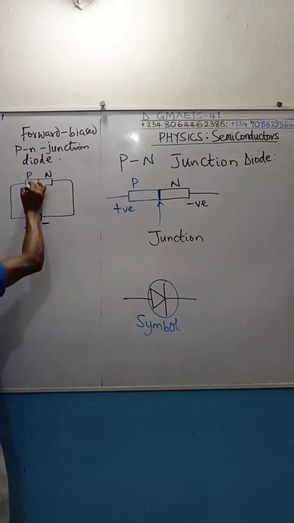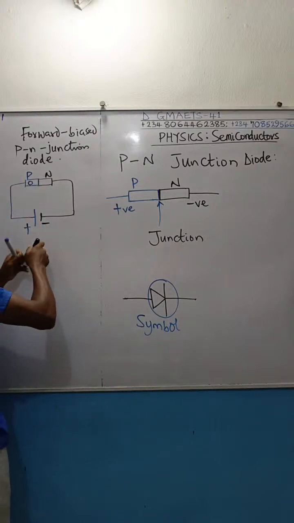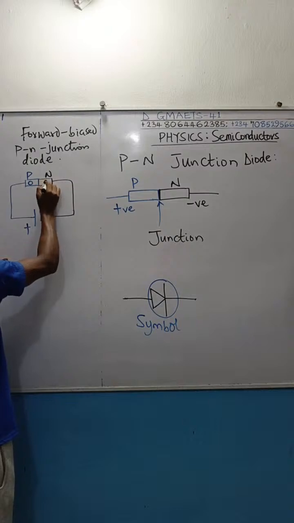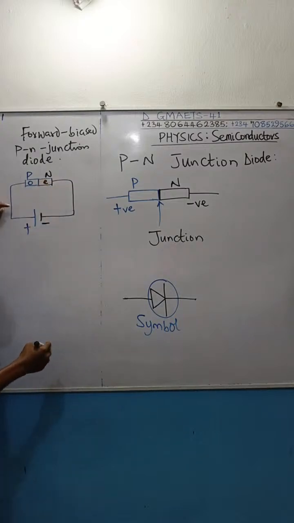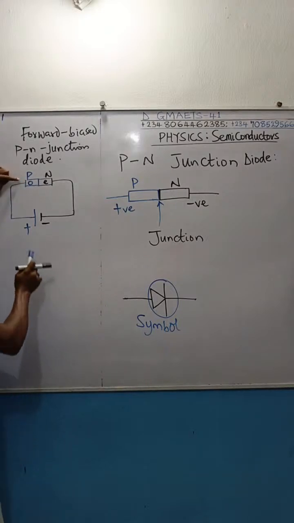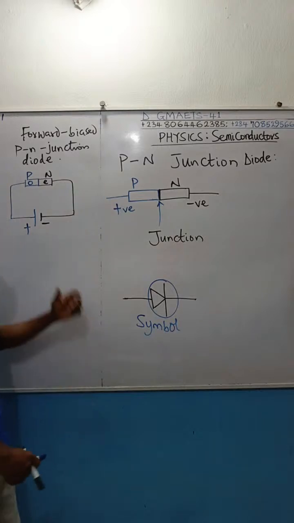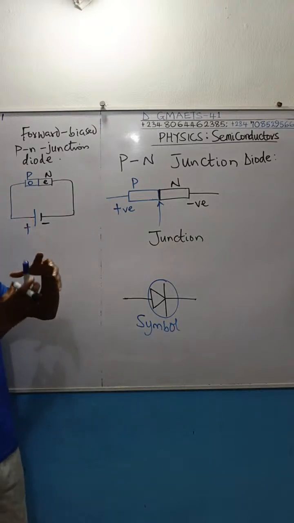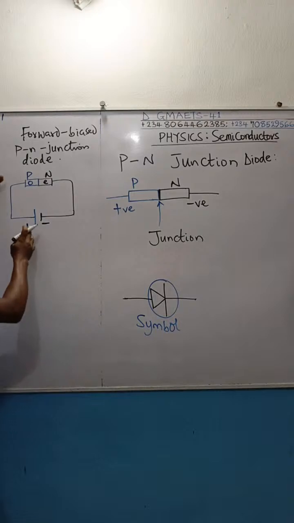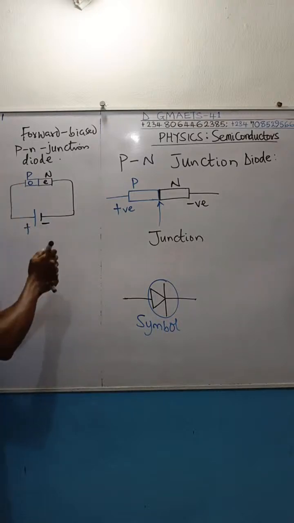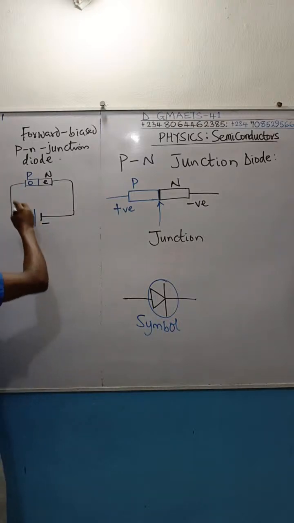Let me use a circle to represent holes and E to represent electrons. Because this positive side is connected to the positive terminal of the cell, there is going to be repulsion. This is positive.